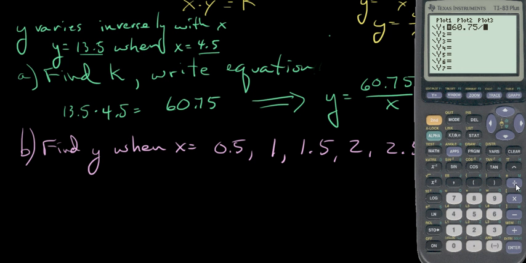That's our inverse variation equation. Then we go to second table set, and tables start at 0. That little triangle in front of TBL means change in table. Remember, the delta means change in. So we're going to change the table every 0.5. Every time x changes by 0.5, I'm going to have a new value in the table.